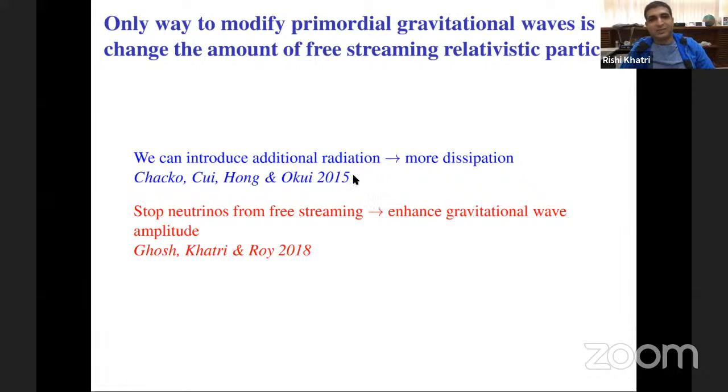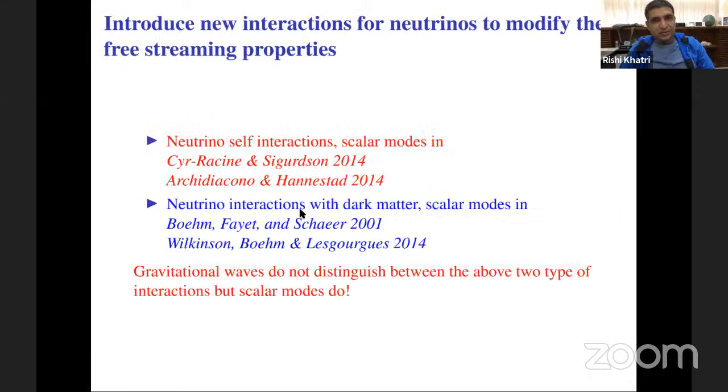This has been studied many years ago by these people. And we decided to stop neutrinos from streaming, which will enhance the gravitational waves. Basically, you don't have the damping that you normally get. So your power at small scales will be 50% more than what you will have in lambda CDM.